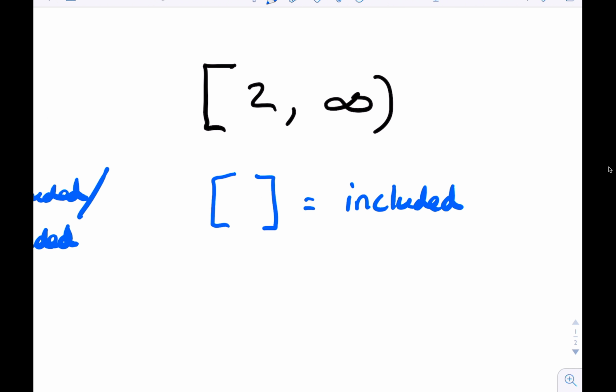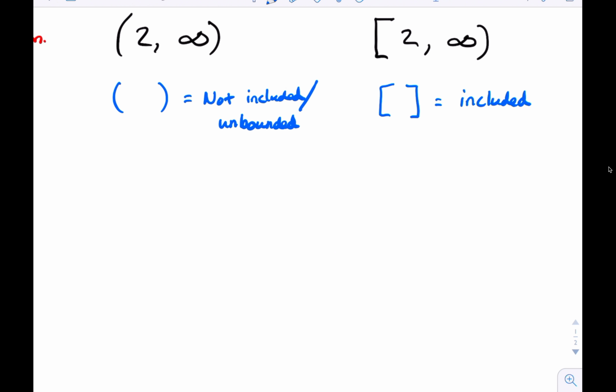So in this case, I am allowed to use positive 2 in my function. Anytime you see a number that you are allowed to use, you want to make sure that you have a closed bracket instead of an open parenthesis. And again, I go from 2 to infinity, and infinity has an open parenthesis because I can't limit infinity. Infinity goes on forever.